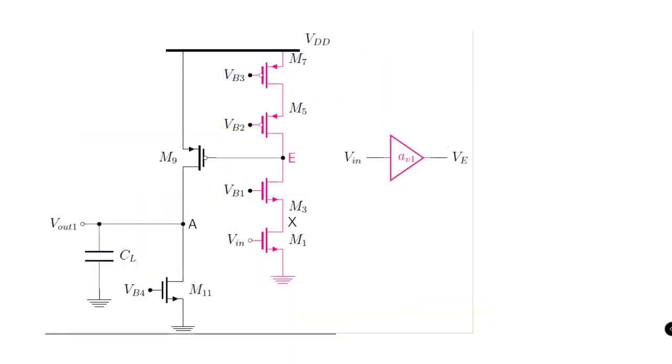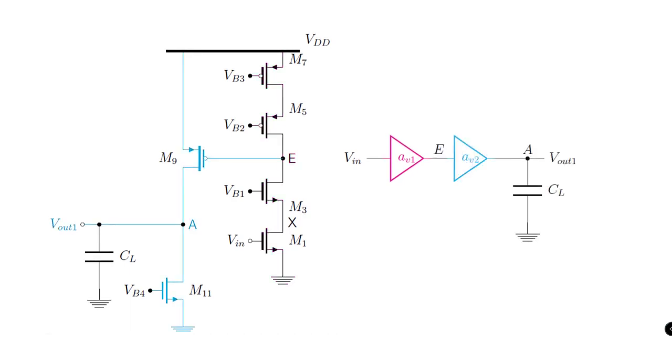Now let's model the first stage with a block representing its gain as AV1 between the input and node E. Next, we model the second stage with another block having a gain of AV2 between node E and node A.